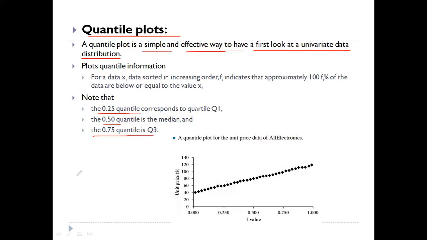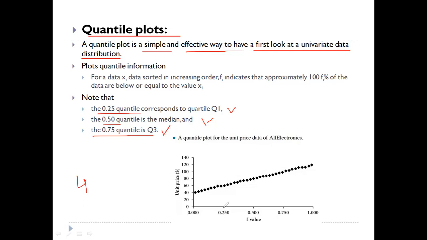Earlier, the total data space is divided into 4 equal parts. The first part is Q1, 1 by 4th. The second part, half, is the median. The third part, 3 by 4, is 0.75, right? This is the quantile plot representation.